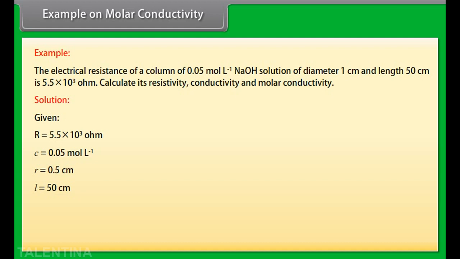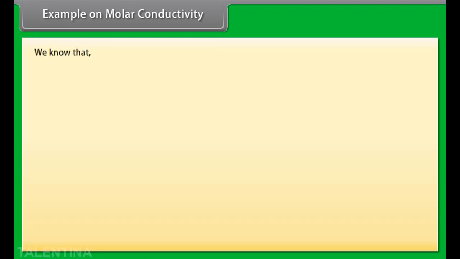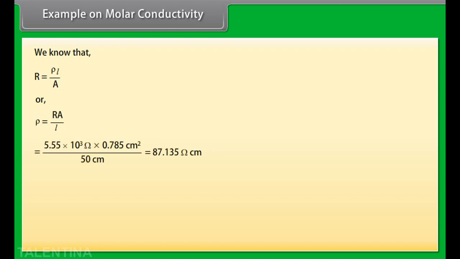We know that area is equal to pi r square. By putting the values, we get area is equal to 0.785 centimeter square. We know that R is equal to rho L upon A. By putting the values, we get resistivity is equal to 87.135 ohm centimeter. We know that conductivity is reciprocal of resistivity.